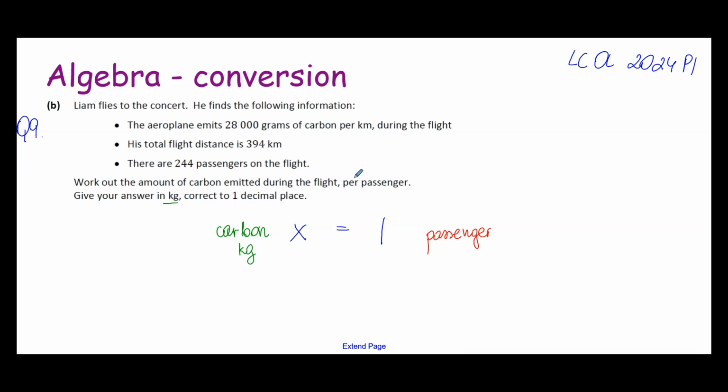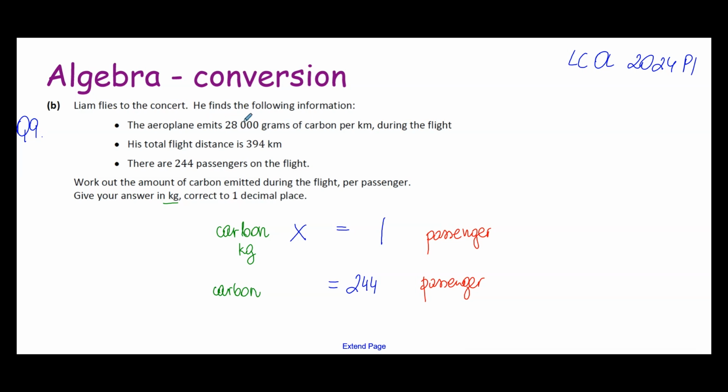So what do we know about carbon and passengers? We know that there are 244 passengers on the flight. And what do we know about the carbon emission in that particular flight?